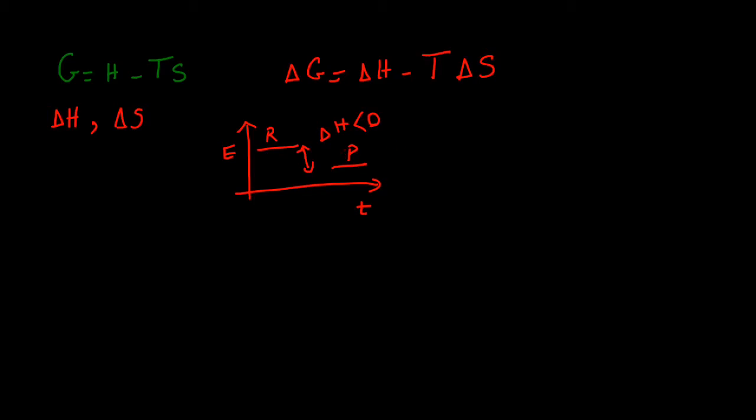We know everything likes to go towards stability. So all reactions like to go in a direction where delta H is smaller than 0. So remember, for a reaction to be spontaneous, delta H smaller than 0 is a positive.